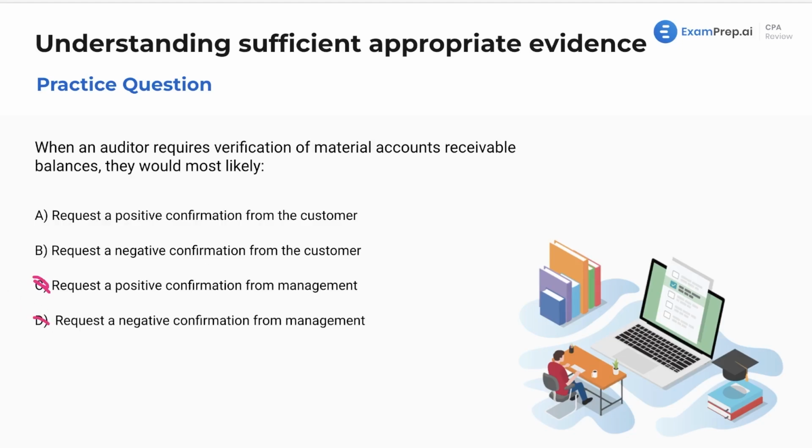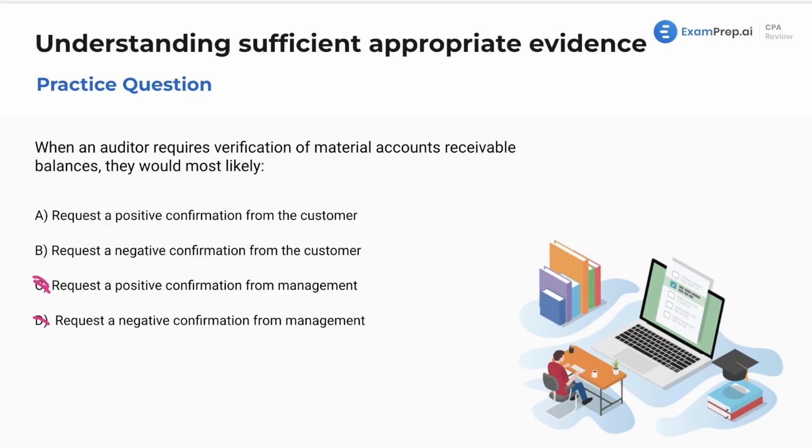Now, do we want a positive or negative confirmation from that customer? Well, think about that first. What is the difference between positive and negative confirmations? With the positive confirmation, we are going to actually see supporting information.